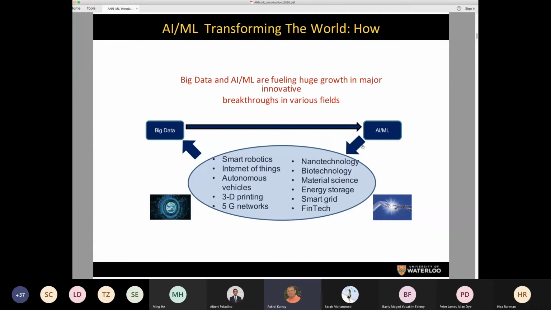And the tools of AI and machine learning have helped in extracting knowledge from these various technologies.